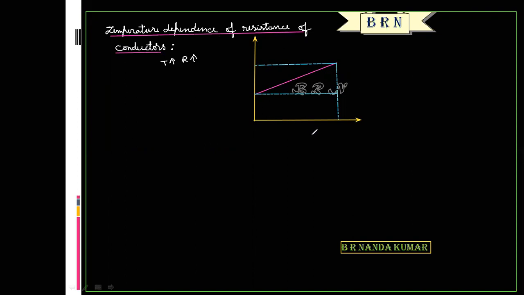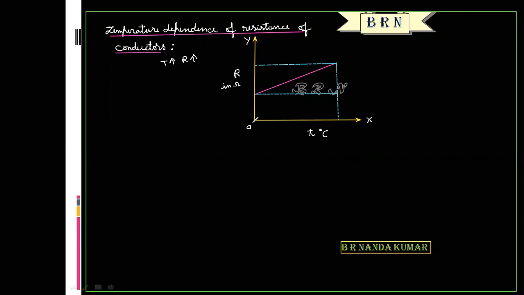This is the R-T graph, resistance in ohm is taken along y-axis, temperature in degree Celsius is taken along x-axis.